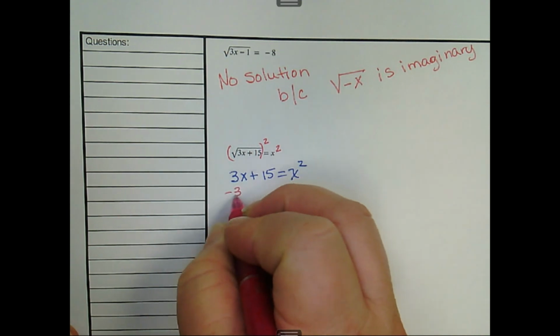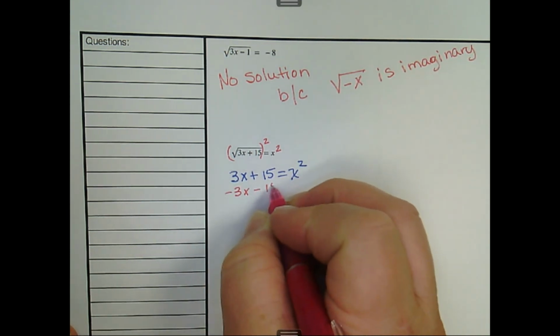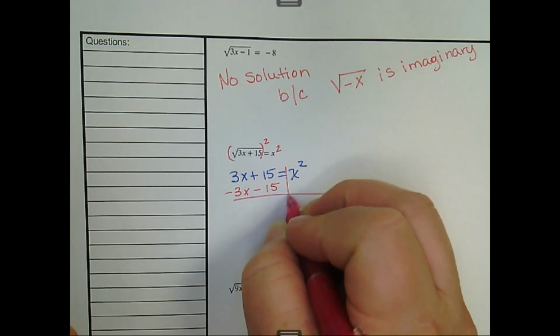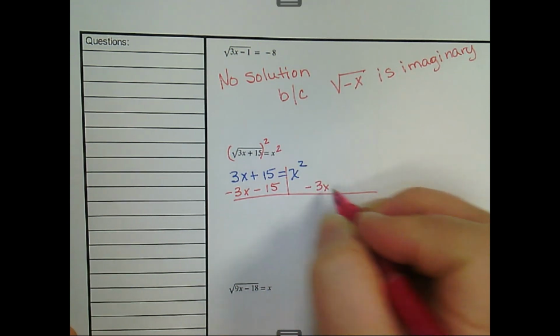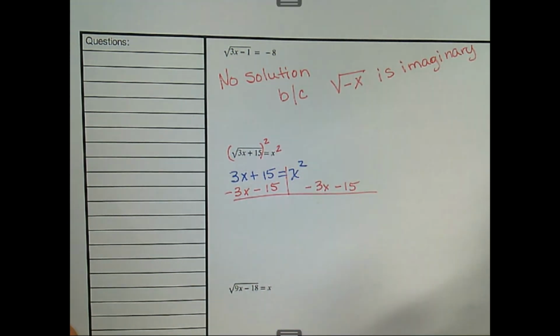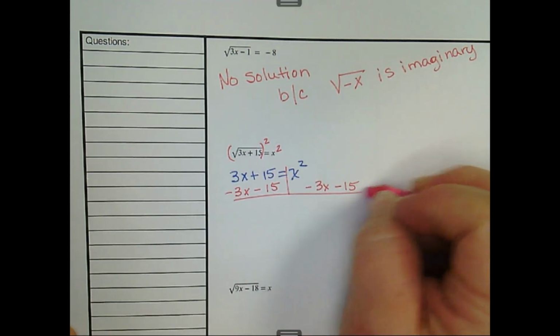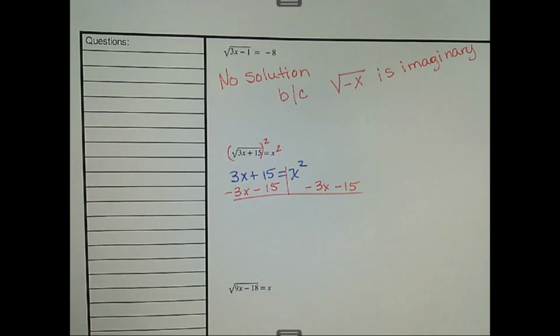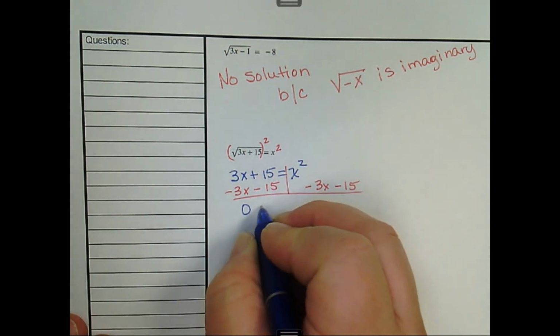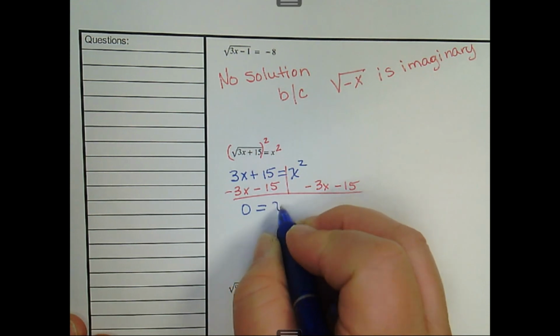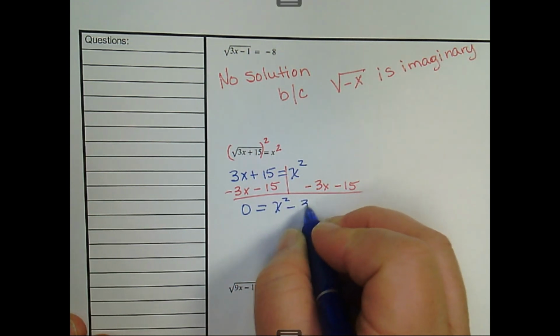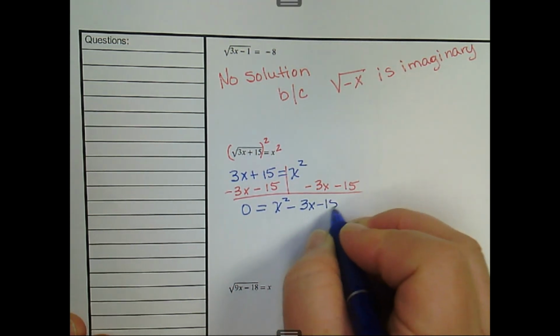So I'll subtract 3x and subtract 15. Zero is equal to x squared minus 3x minus 15.